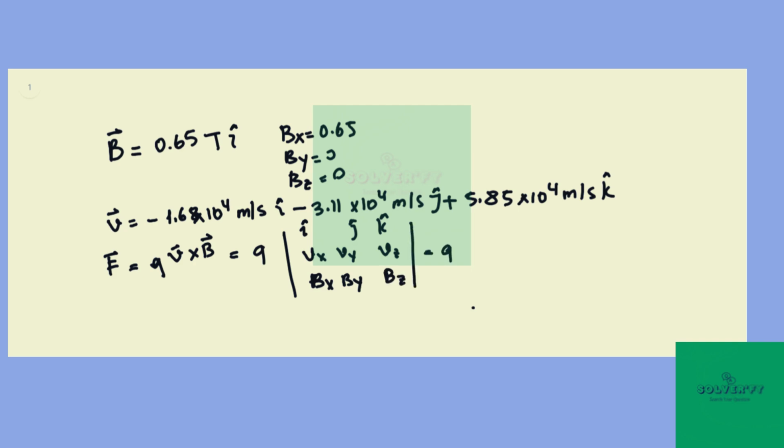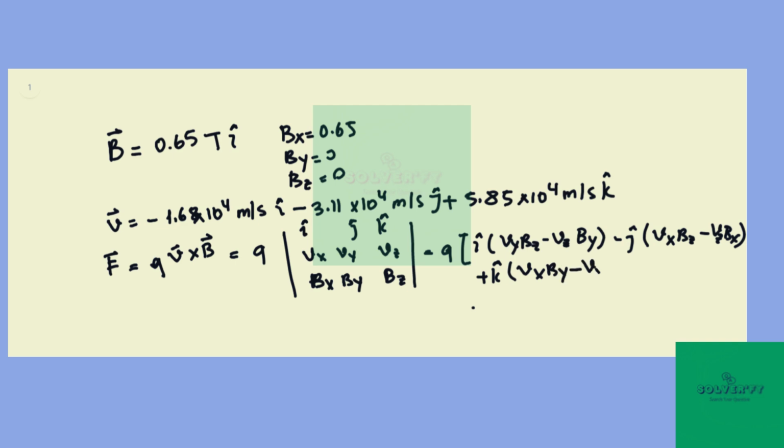Now, Q times i hat (Vy Bz minus Vz By), minus j hat (Vx Bz minus Vz Bx), plus k hat (Vx By minus Vy Bx).